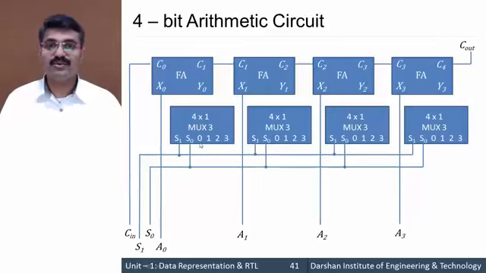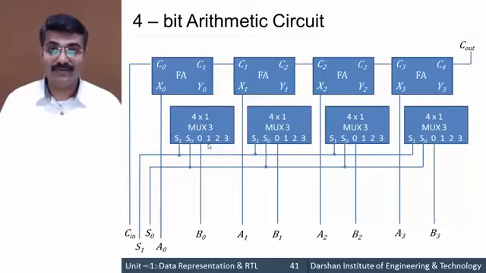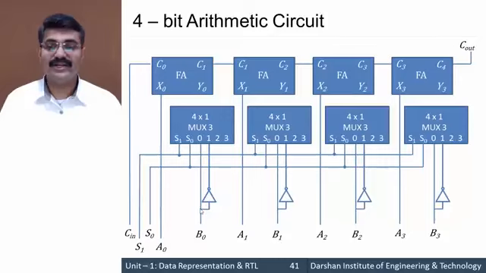The 0th input we are directly providing to be B, so B0, B1, B2 and B3. The first line input is the complement of B, that is B dash, so B0 dash, B1 dash, B2 dash and B3 dash.